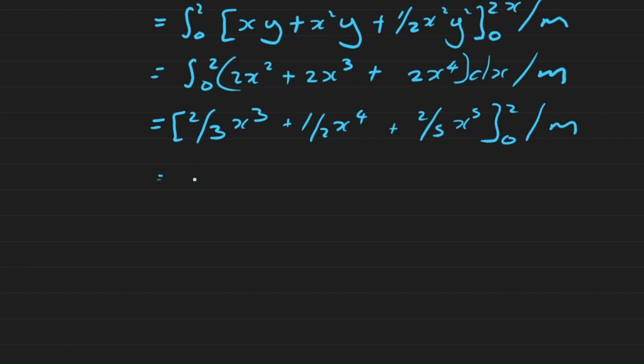So if we do all these substitutions, then we get 16 over 3 plus 8 plus 64 over 5. And this is all divided by the mass, and the mass we saw was, sorry, that's divided by 52 over 3.